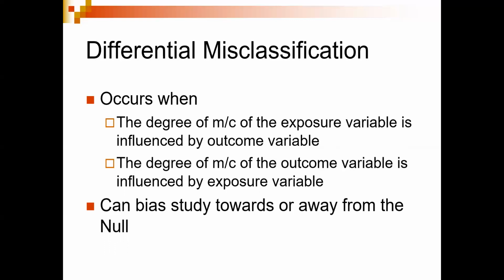From the null means there's no difference, that is, you are not seeing any effect. So it can actually go any way, towards or away. It's not really possible to say that if you make that error, it will push your results in one direction, but it can move your results towards the point of no association or away, in any direction.